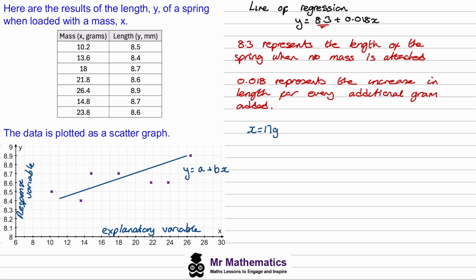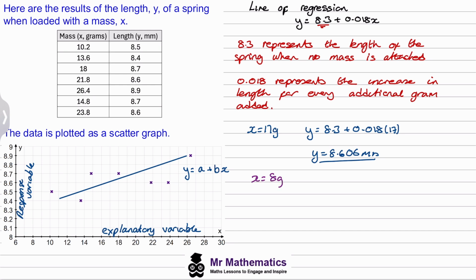So we'll substitute the 17 into our model. y will be 8.3 plus 0.018 times 17. And this will give us an extension of 8.606 millimeters.